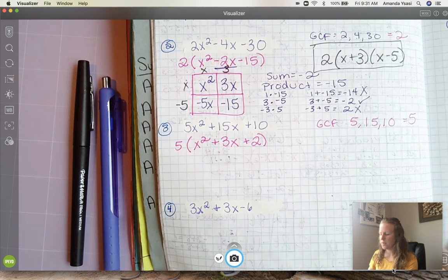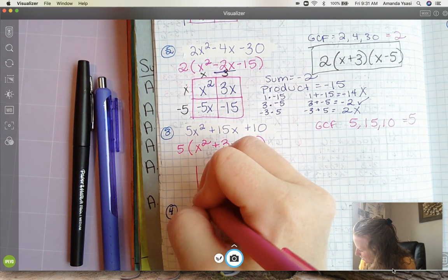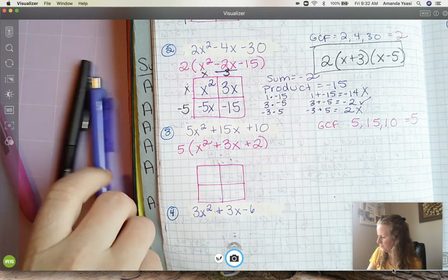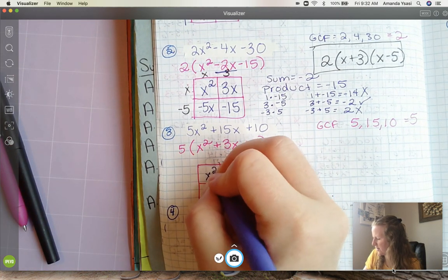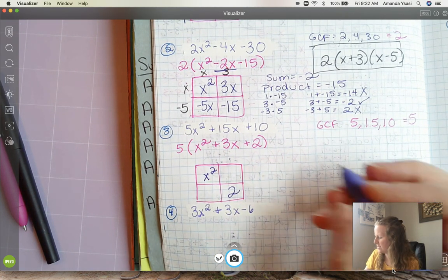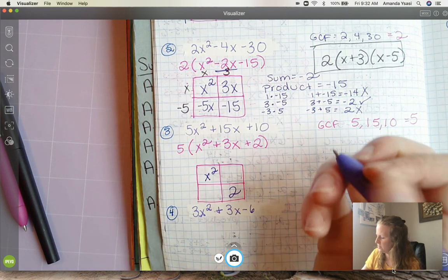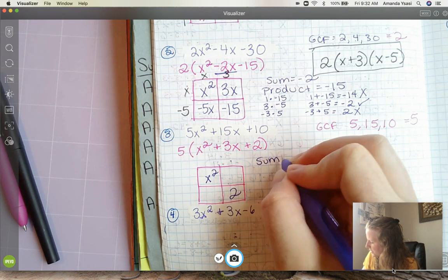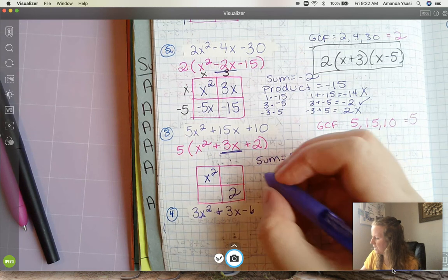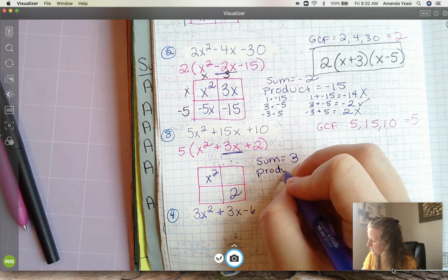Okay. So then we need to do our box. We have x squared in the top left, 2 in the bottom right. And so now we need to find these two diagonals that give a sum of 3, because that's your middle term, the 3x, and a product of 2.